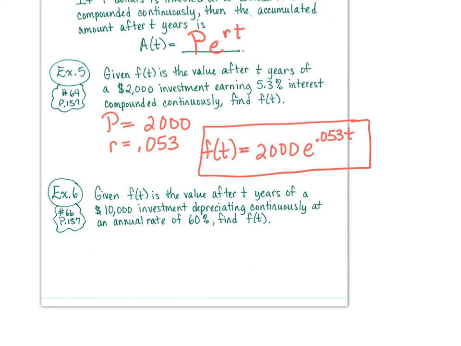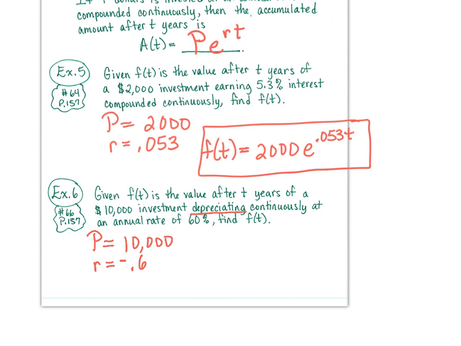P, well, let's write it. P is equal to 10,000. What else are you given? R, what's R? 0.6. Negative 0.6. Why is it negative 0.6? Depreciating. Good. So negative 0.6.